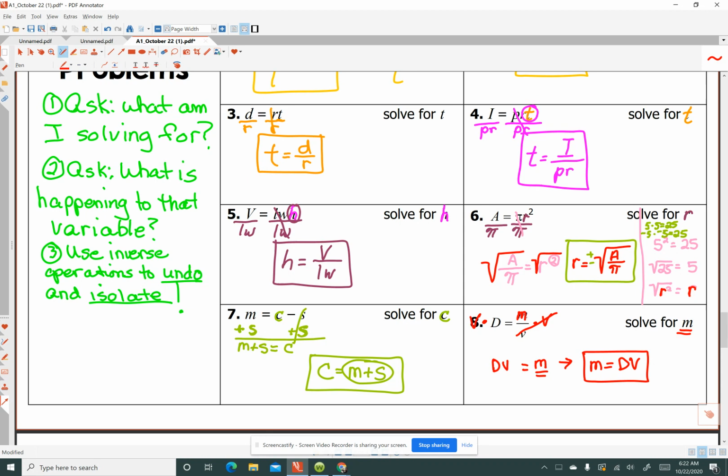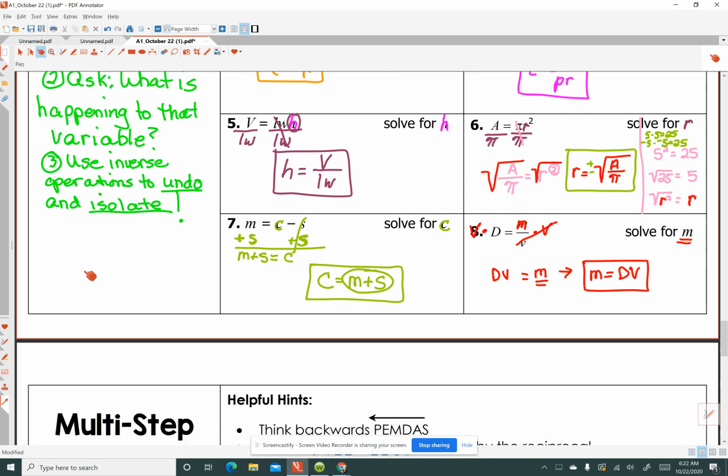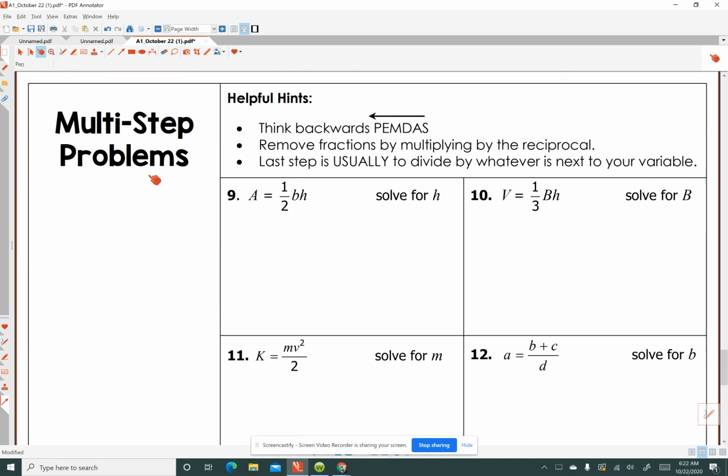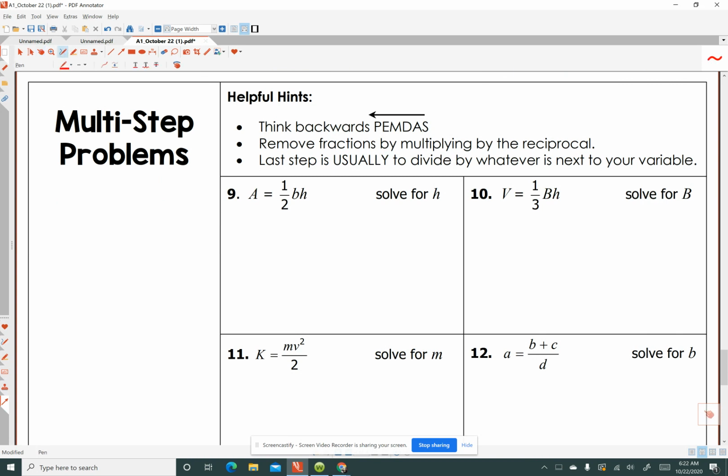Okay, let's do a few more of these. So as we think about these, I don't like PEMDAS, but think backwards order of operations. Okay, we will do generally addition and subtraction usually before multiplication and division.